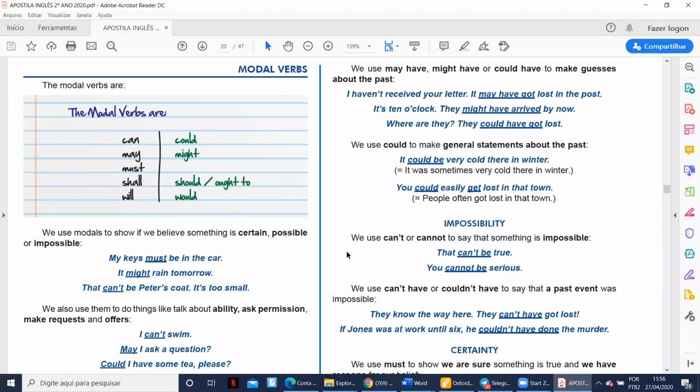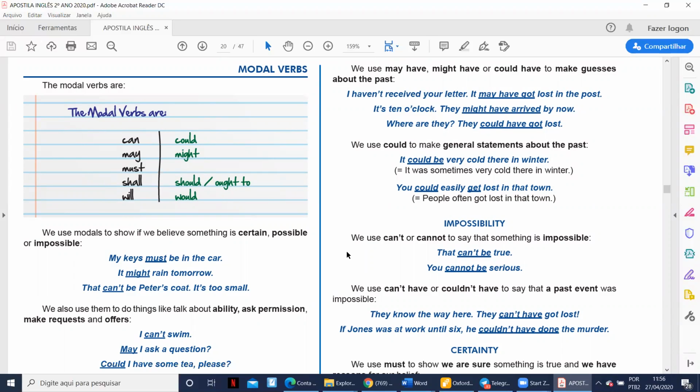Why is that? Because it describes an action. The verb to study describes an action as well. So they are lexical verbs. The verb to speak and the verb to study are lexical verbs.